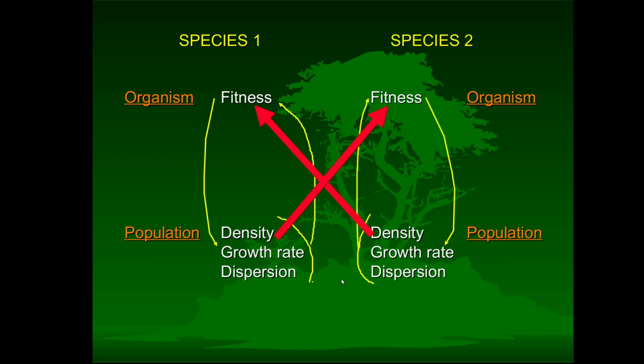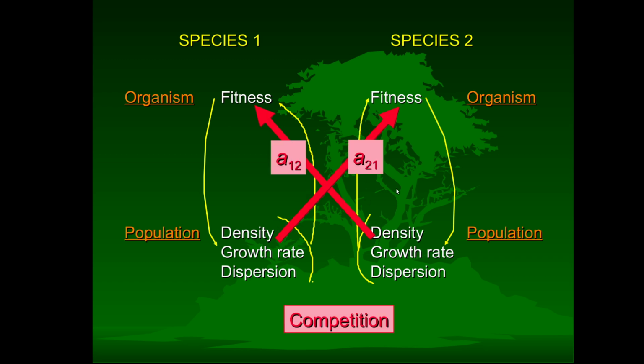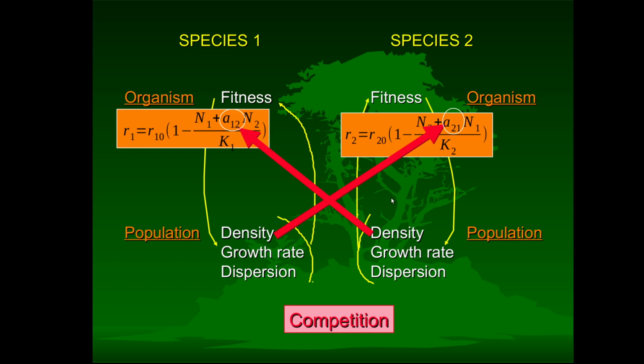Now we can visualize that in this diagram. So the density of one species affects little r of the other species, and that effect is expressed through the competition coefficient. Okay. And there's the effect right there.